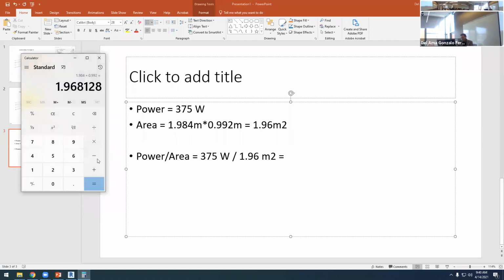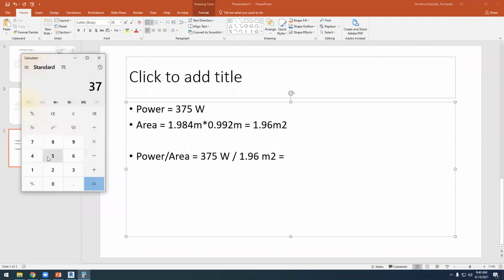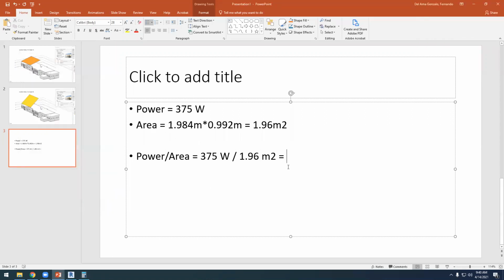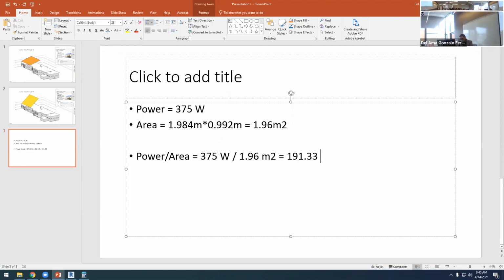And this is 191.33. Let me do it. It's not that I don't trust you. So is this your final result? Yes. 191.33 watts per square meter. So this is the value that we need.